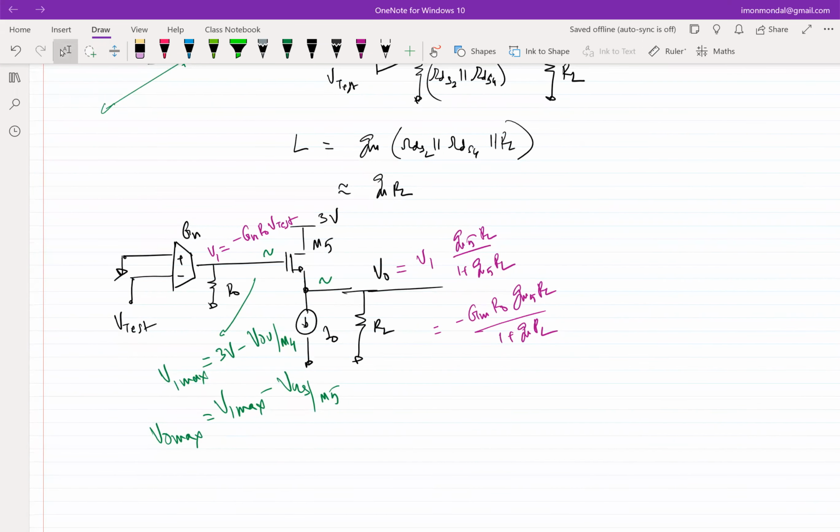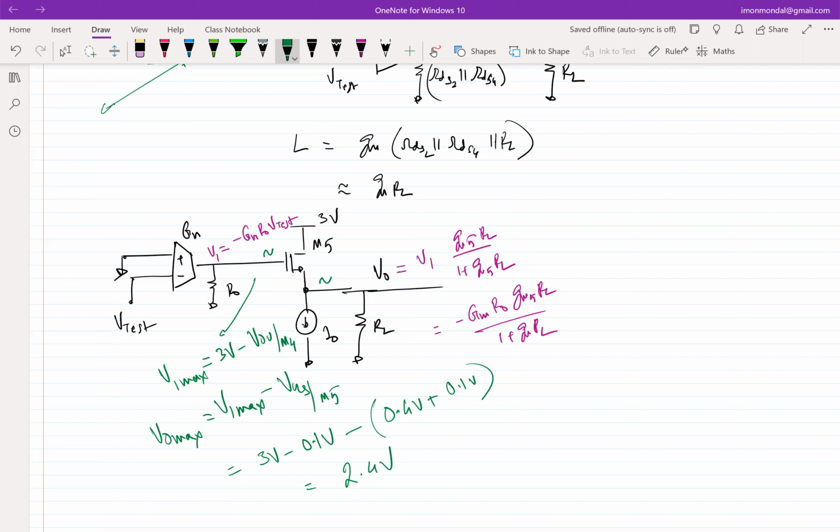So let's assume you have to keep 100 millivolt of V overdrive, and typical VGS, even in modern devices, is of the order of 400 millivolt, 500 millivolt. So this becomes 3 volt minus 0.1 volt minus VGS. VGS is again 0.4 volt plus 0.1 volt. So this can go up to at max 2.4 volt.